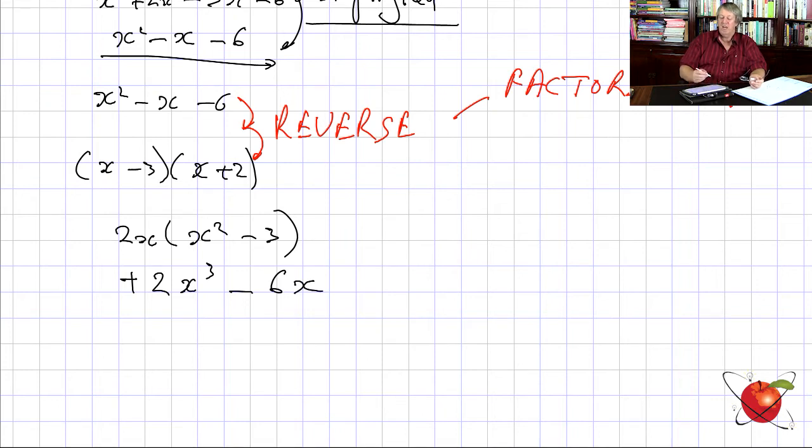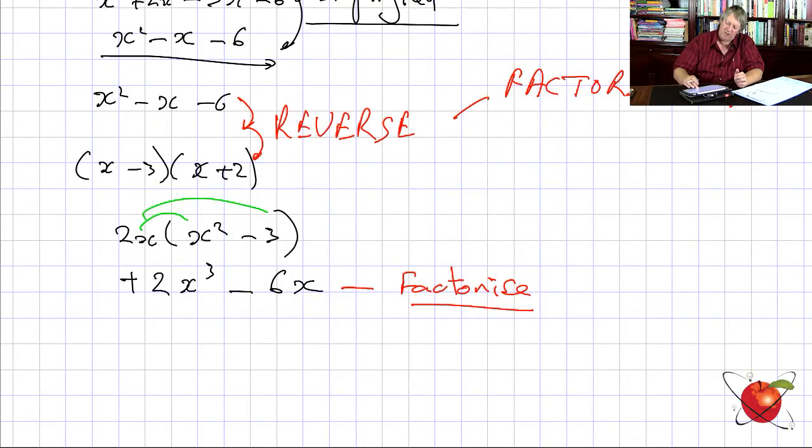Correct? I have multiplied out using the process we agreed. Now I want you to do the reverse. I want you to factorize this. How do you factorize it?